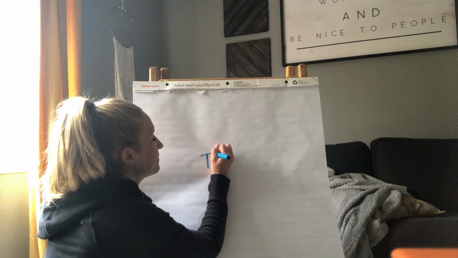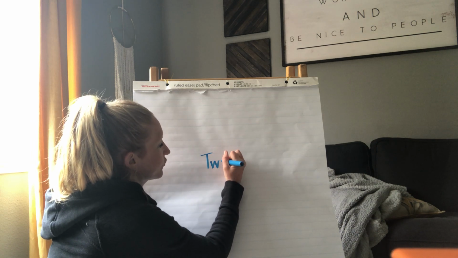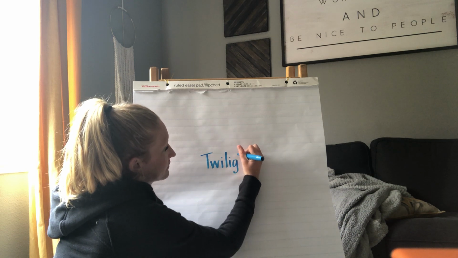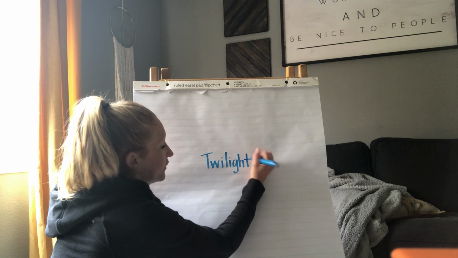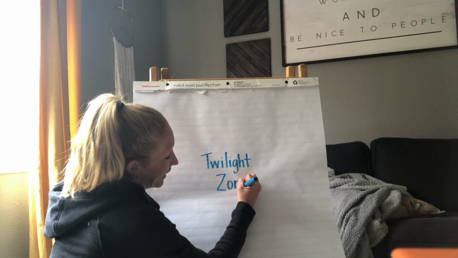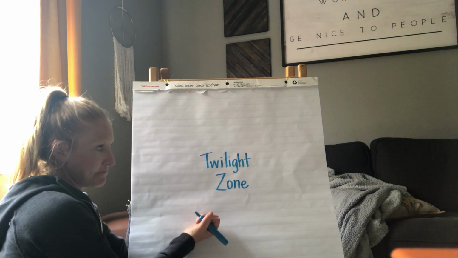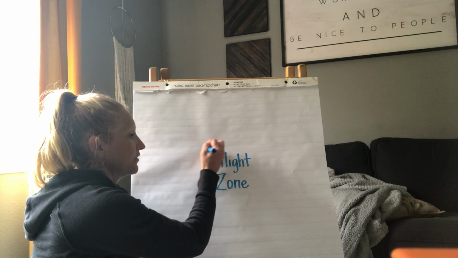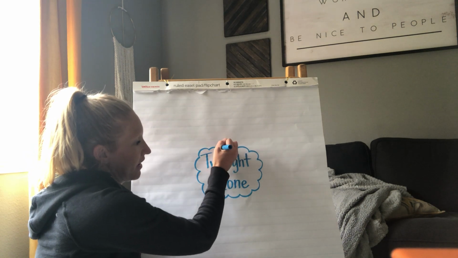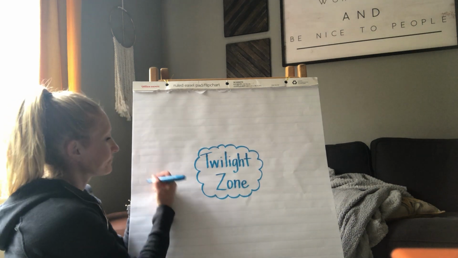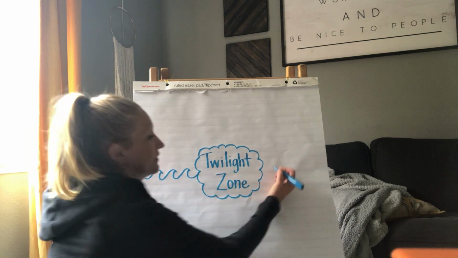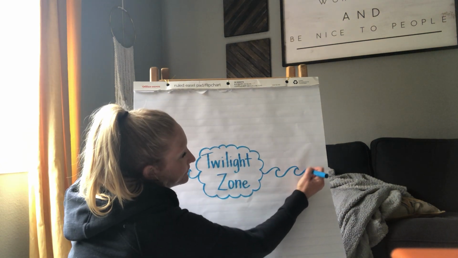And right here in the middle, I'm going to write Twilight Zone. And I'm going to give it an uppercase, just like it's its name. And then around it, I'm going to put our bubble. And I might even put some ocean waves coming in and out of it.